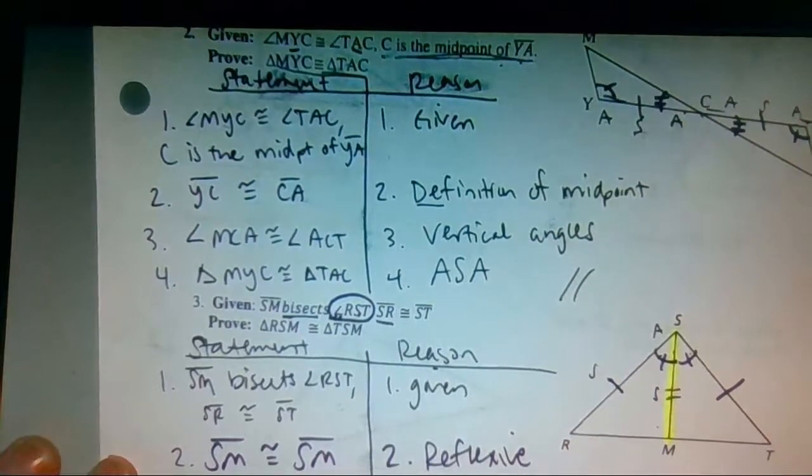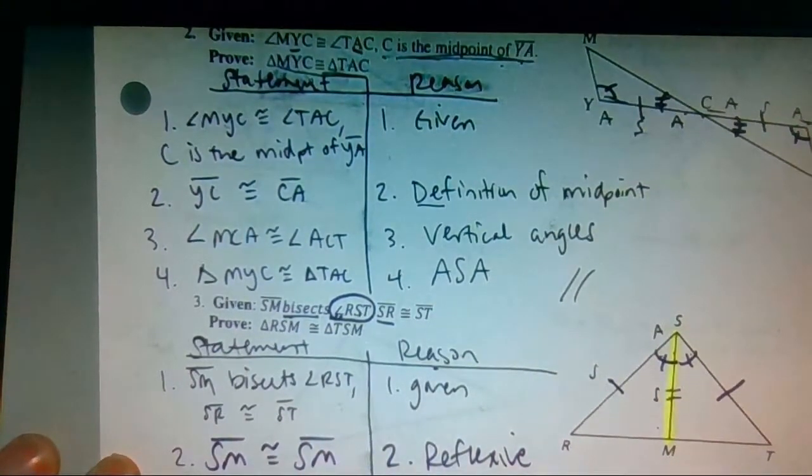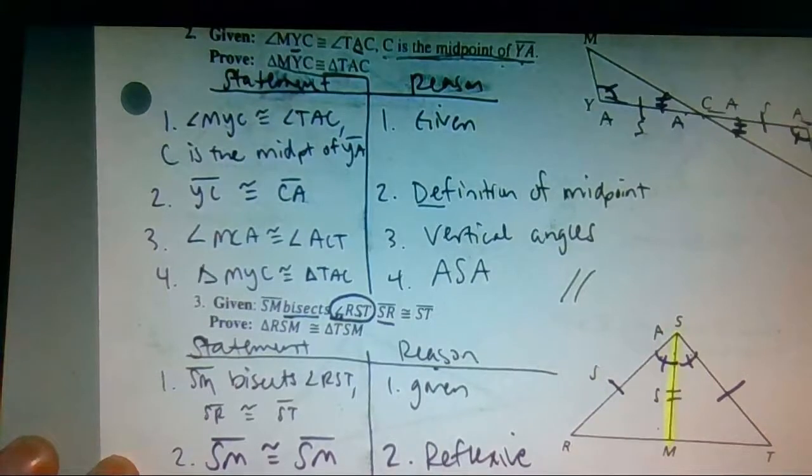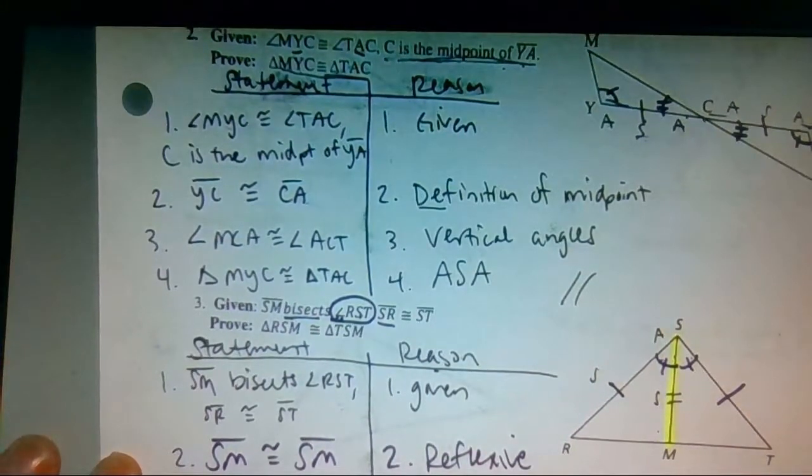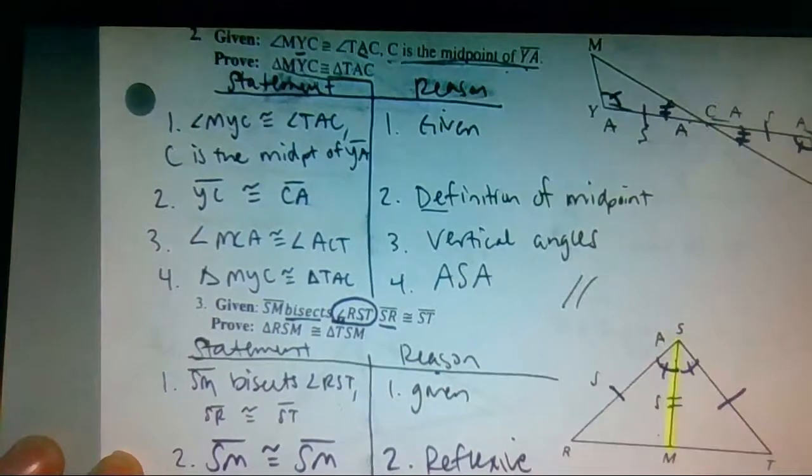What's my last step? First of all, do I have all my parts listed out? Yes. Are my triangles congruent now? Yes. Yeah, that's what I'm trying to prove. So last step, triangle RSM is congruent to triangle TSM. What's my reason? Side, angle, side. Done.